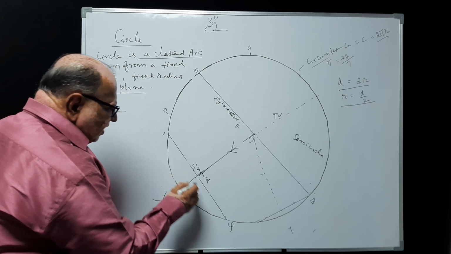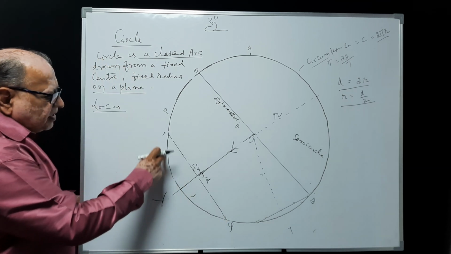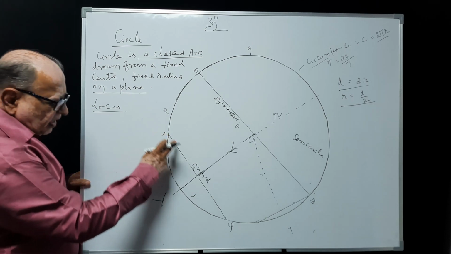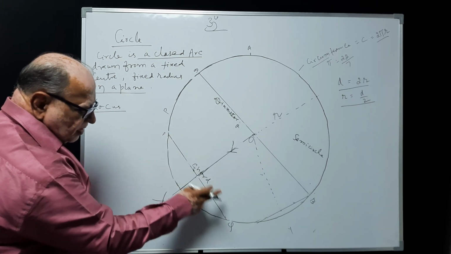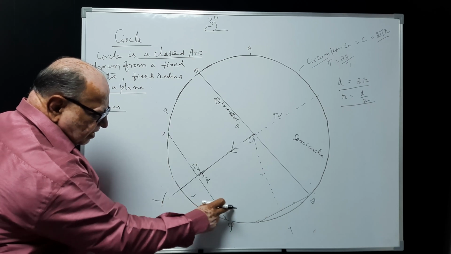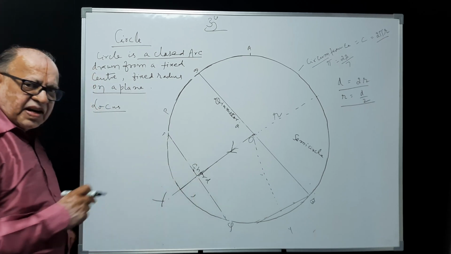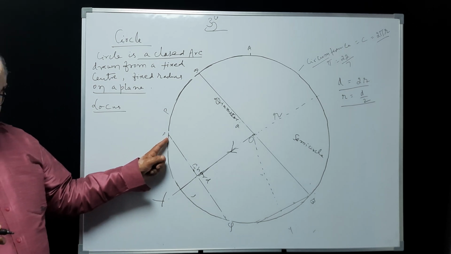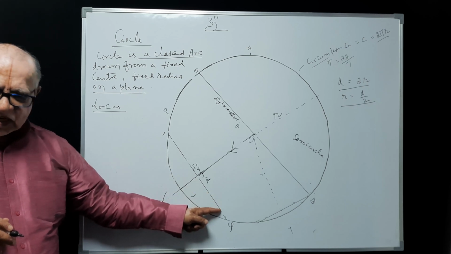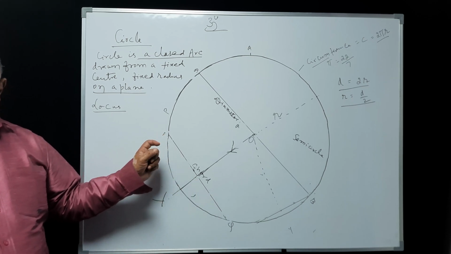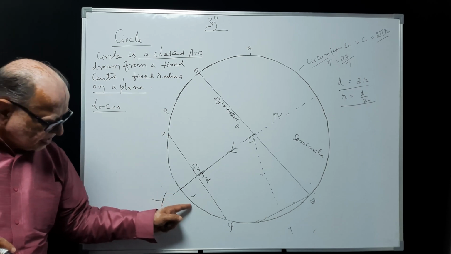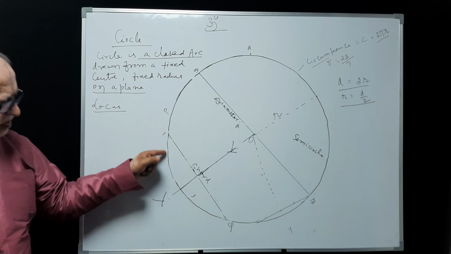So the line joining the ends of an arc of a circle can also be defined as a chord. So chord can be defined in two ways. First, a line joining two points on the circumference, simplest. Second, a line joining the end points of this arc.